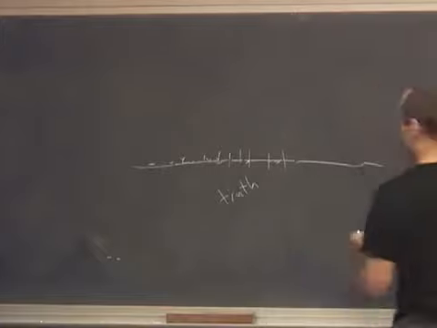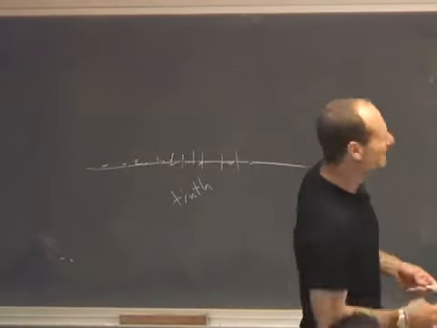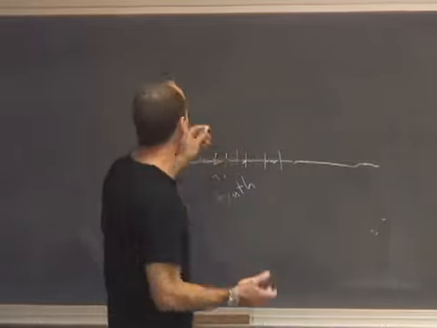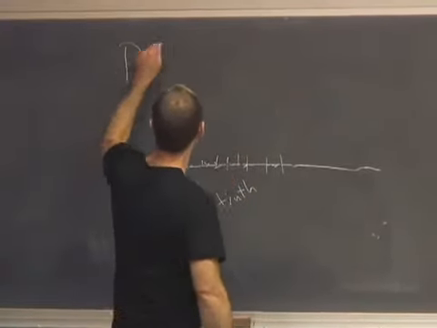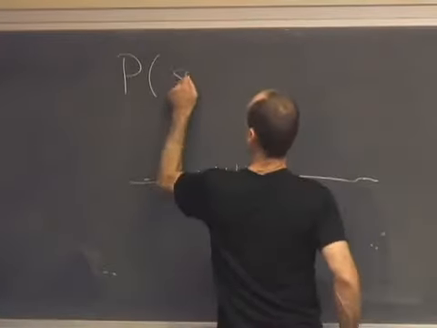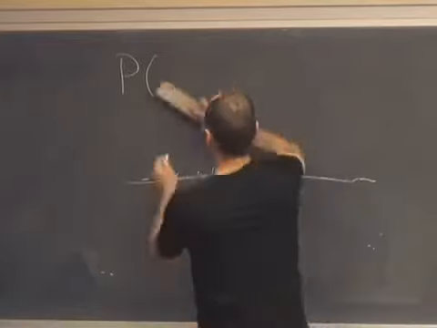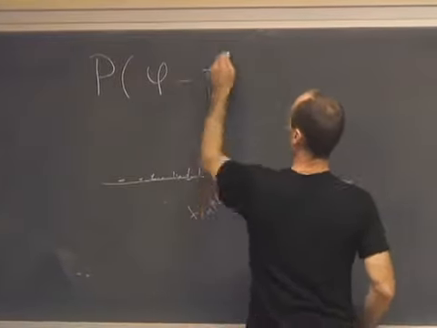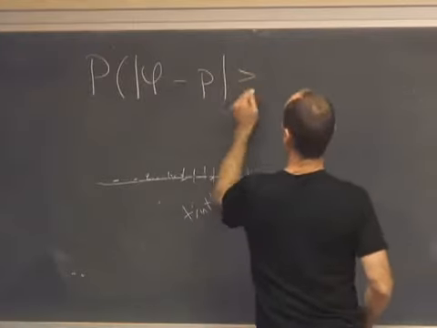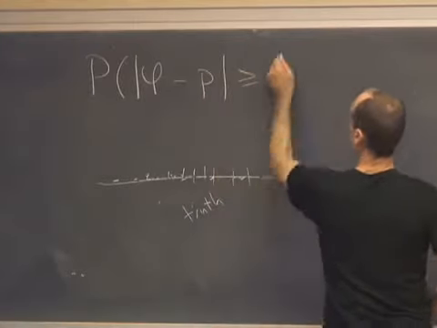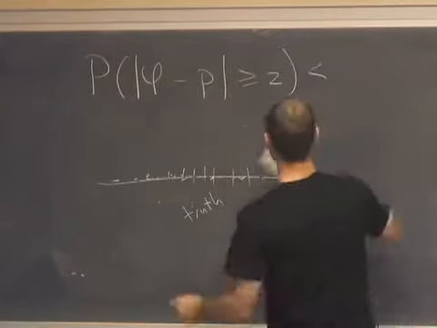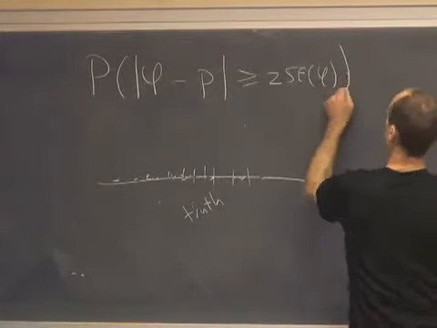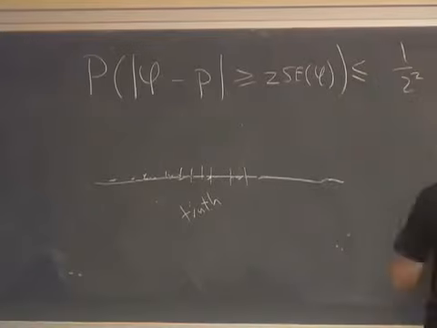Good job. So Chebyshev's inequality says that the probability that the sample percentage, which we're using the symbol phi, minus the population percentage p is bigger than or equal to 2 times the standard error of the sample percentage, is less than or equal to 1 over 2 squared.